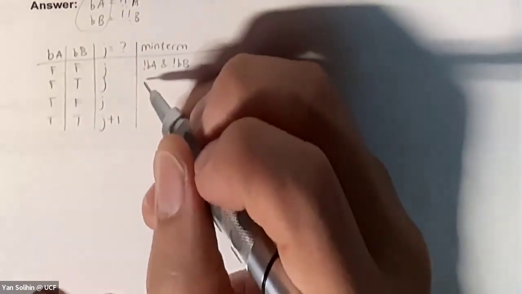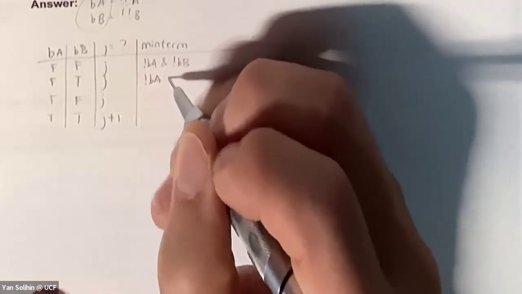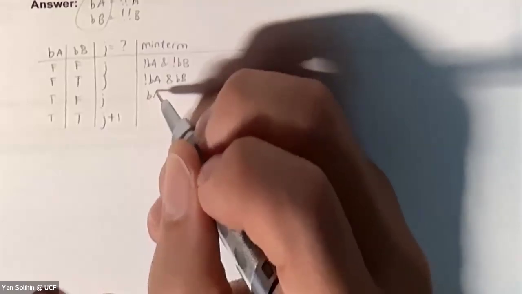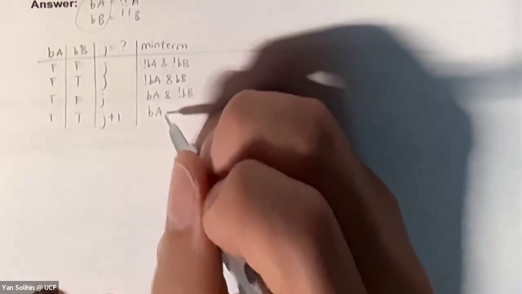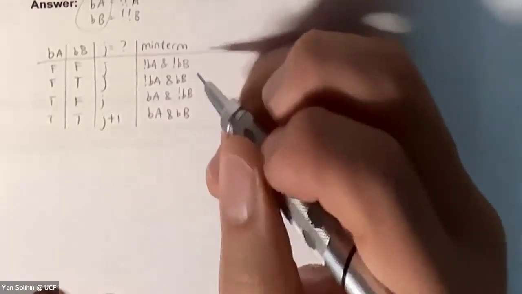Then false true, you have not BA and BB. True false, BA and not BB. And true true will be BA and BB.